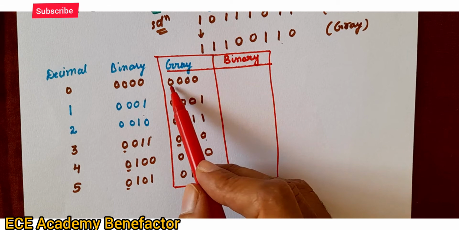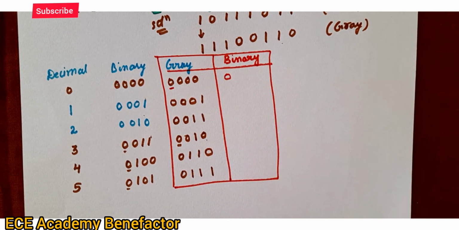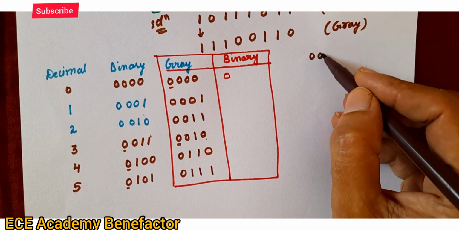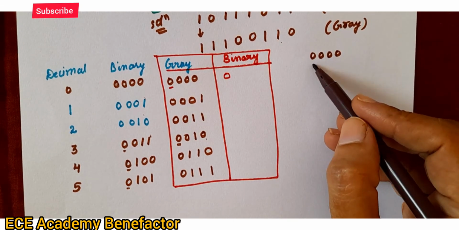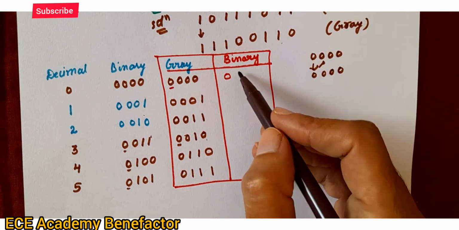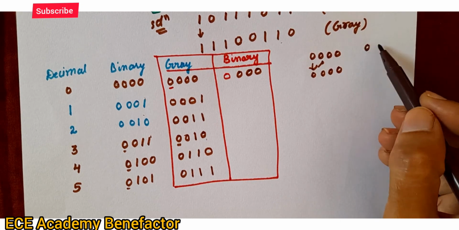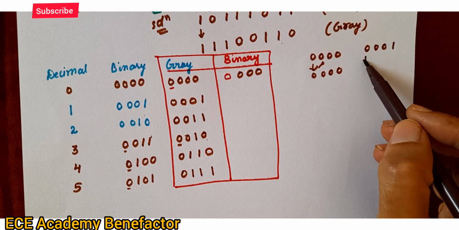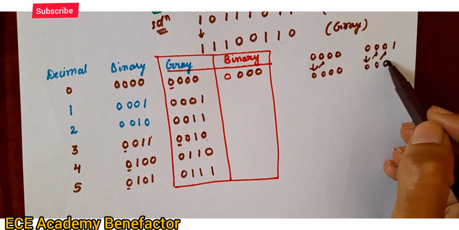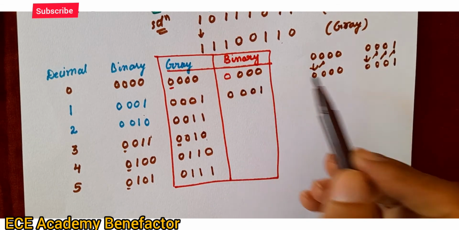So, write the MSB bit 0 as it is and then do diagonal addition. Okay, diagonal addition, how do we do? Suppose 0 is Gray code. So, MSB bit and then 0 XOR 0, so this will be coming 0. Okay. Now, for 0 0 1, MSB bit as it is 0, 0 XOR 0 is 0, 0 XOR 1 is 1. So, it will come as 0 0 1.